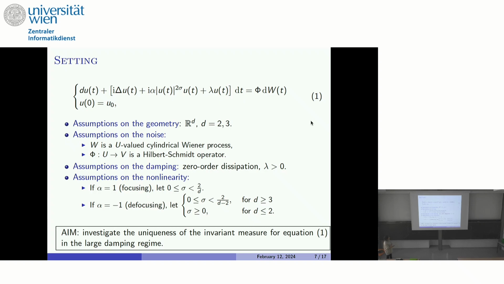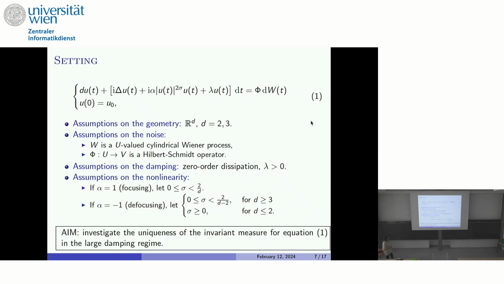We consider the equation that I mentioned, and we work on the full space R^d when the dimension is equal to 2 or 3. And what are the assumptions on the noise? We consider a Gaussian noise. So W is a cylindrical Wiener process taking values in a Hilbert space U, and phi is a Hilbert-Schmidt operator from U into the V space. We consider zero-order dissipation, and lambda will quantify the magnitude of this dissipation.